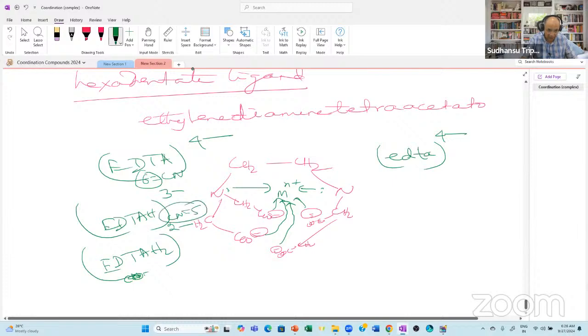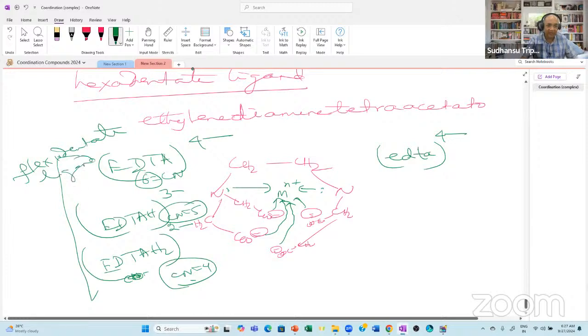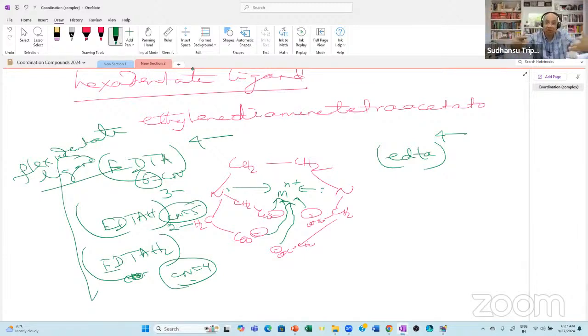This Cn is equal to 5. This Cn is equal to 4. I will be naming them tomorrow, flexidentate ligands, just like I told you that cyanido, isocyanido, or cyano, isocyano, are called ambidentate ligands. They have 2 alternative donor atoms, but only one atom can be used as donor at a time, not both.